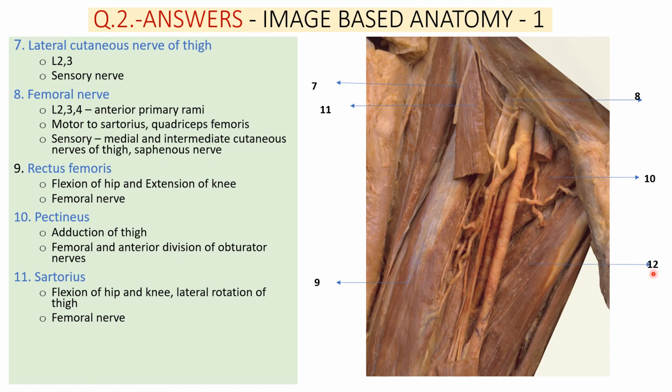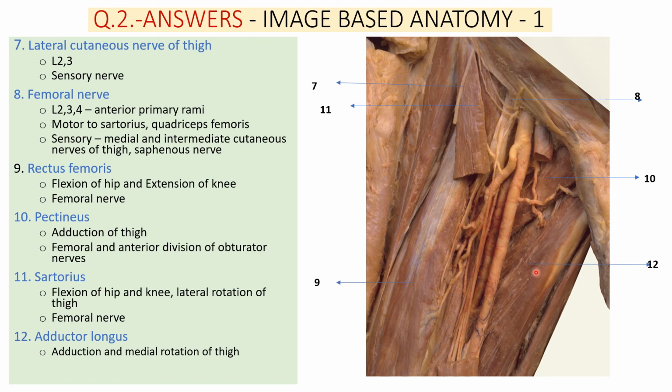Coming to the last one, this is the 12th one, which is also a muscle, and it is the adductor longus, and it is a muscle of adductor compartment, and it also forms the boundary for the femoral triangle.